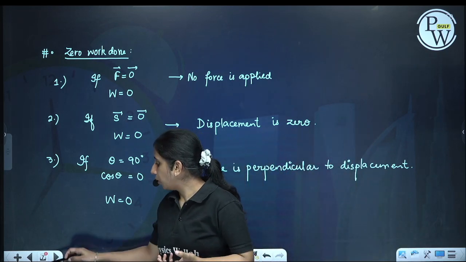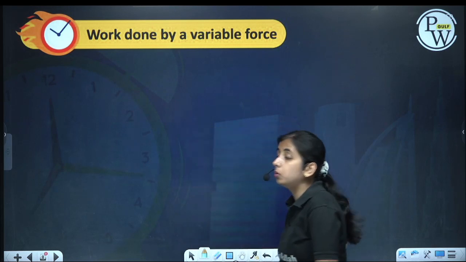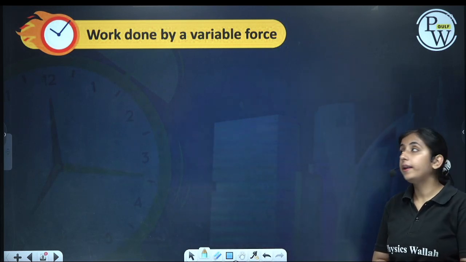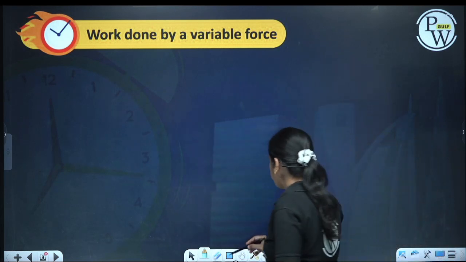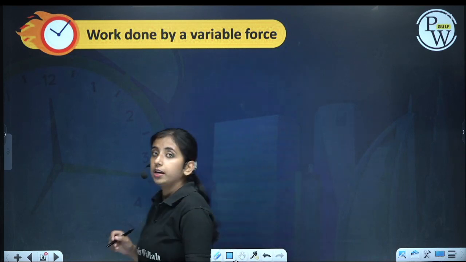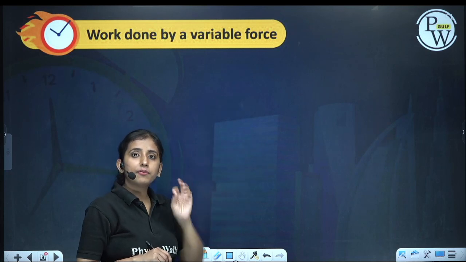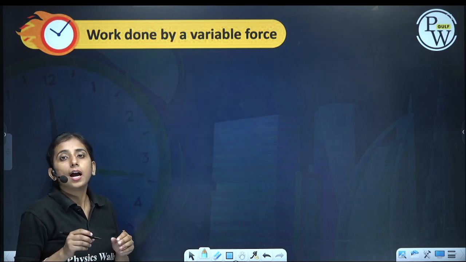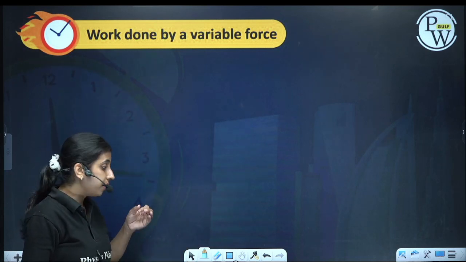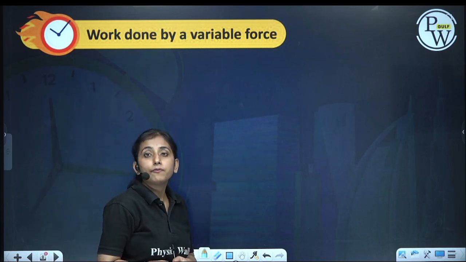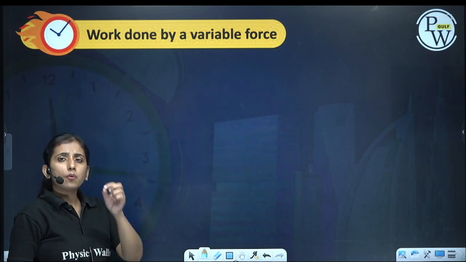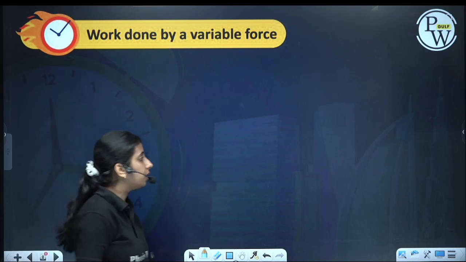Now let us move to work done by a variable force. Whenever we have a variable force, variable force will have a changing value. At every point there will be a changing value of F. Now if at every x my F is changing, let us take a very small interval.